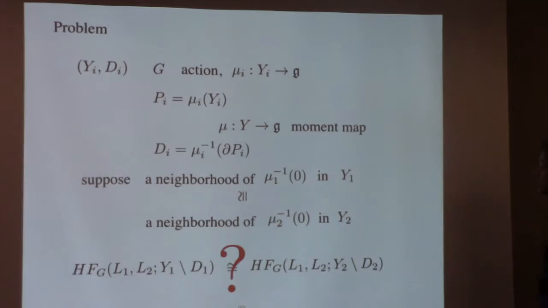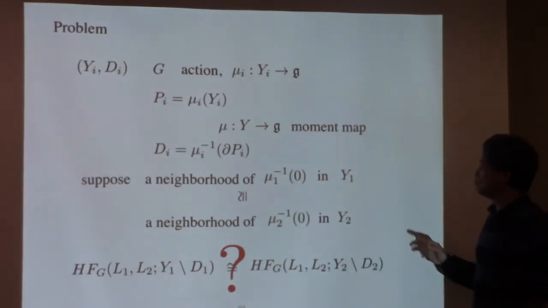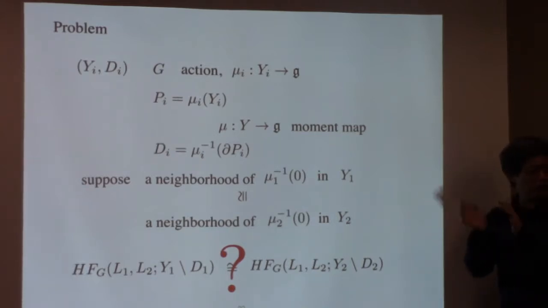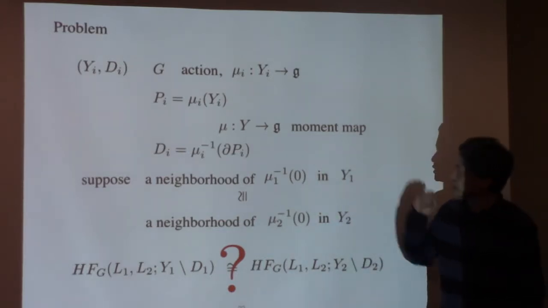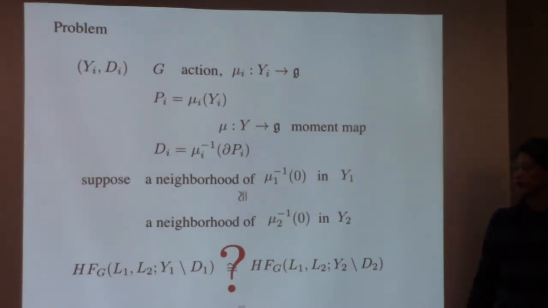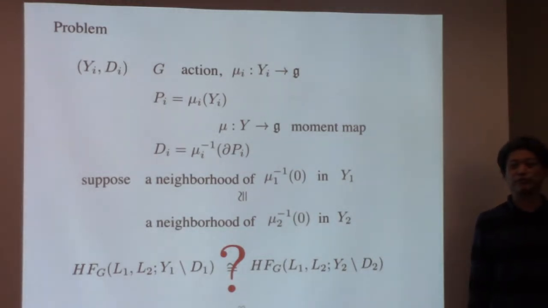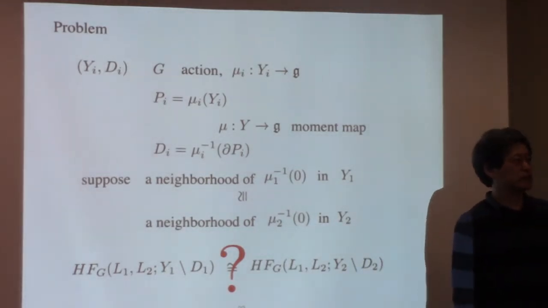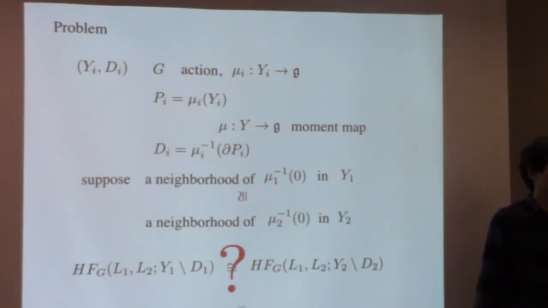And suppose that there is a neighborhood of U1 inverse 0 in Y1 and U2 inverse 0 in Y2, so that everything, including group actions and symplectic form, is completely isomorphic. And your L is a Lagrangian submanifold in this U1 inverse 0 and also U2 inverse 0. Then, in this case, is this equivariant Lagrangian Floer theory isomorphic or not? So does it depend on the choice of compactifications or not? That looks correct at the beginning, but it's a bit nasty question.